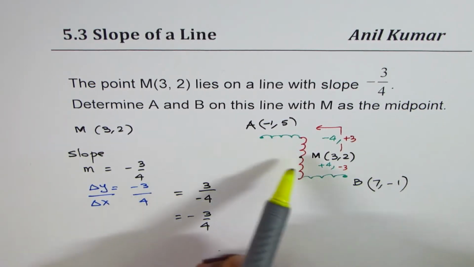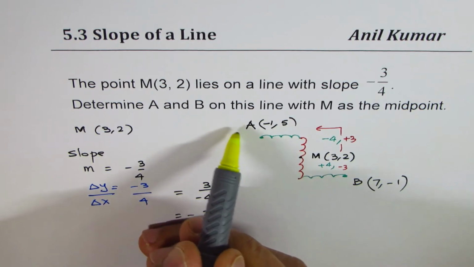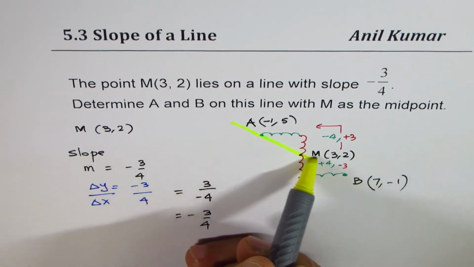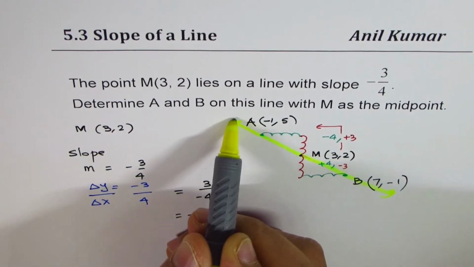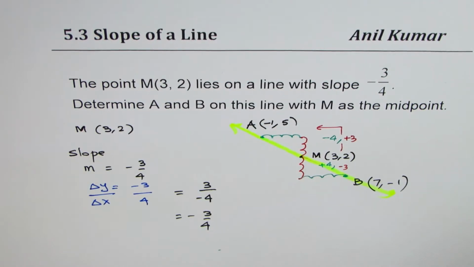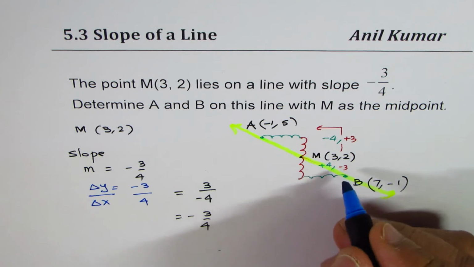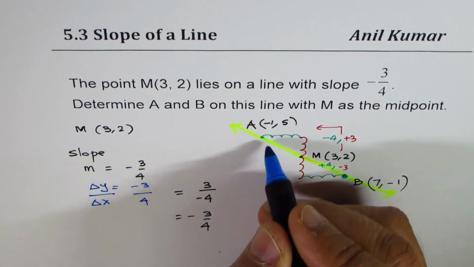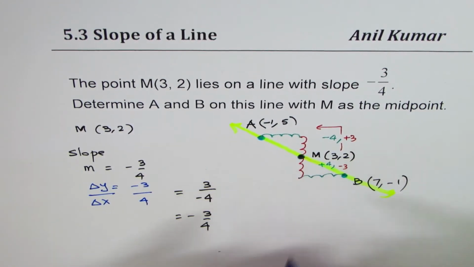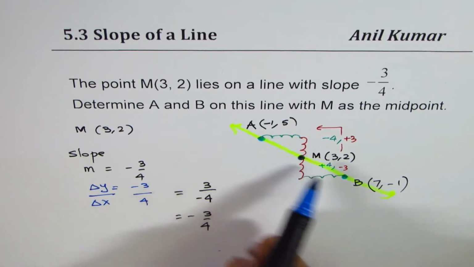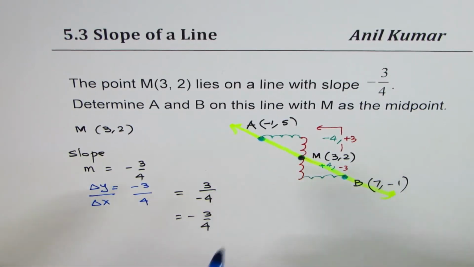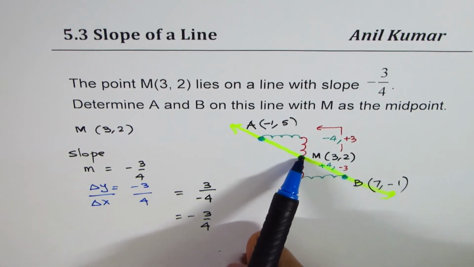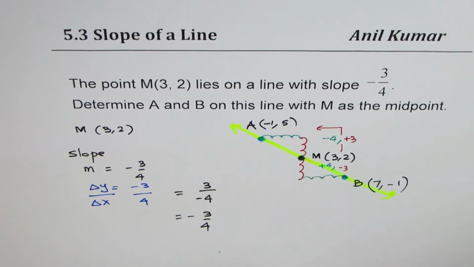Joining the points A and B, we'll get a line segment, right? So we'll actually join these points, correct? If you do it on a graph paper, you can get better results, I mean, neater. So we have points A and B with midpoint M, and that segment AB, since A and B are the same distance from M, so M becomes the midpoint, right?